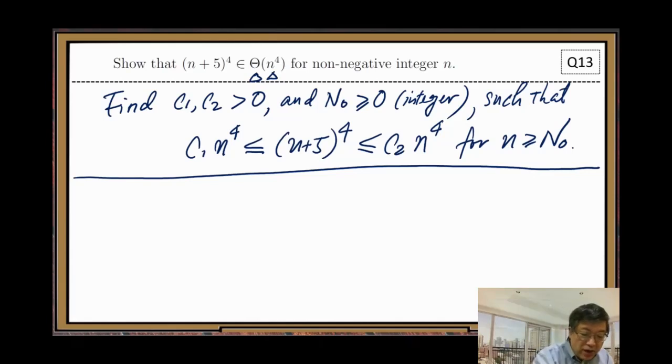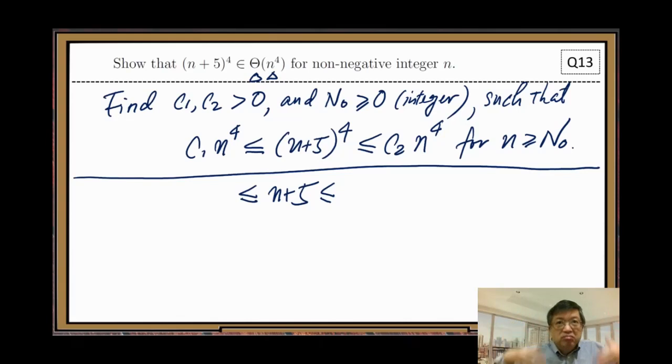Let us just look at n plus 5 first, and find its upper bound and lower bound. Then from there, we raise all the expression to the 4th power, which is much easier.